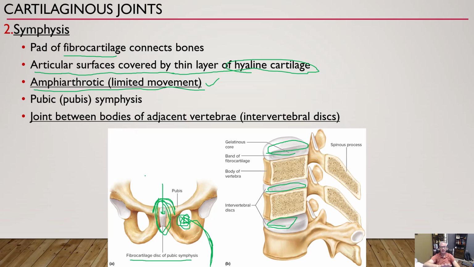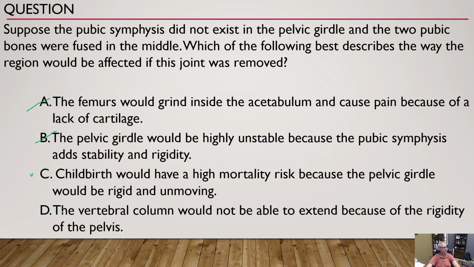It actually kind of tilts the pelvis a little bit so that the baby's head can pass through the pelvic girdle more easily. So that's a viable answer. The vertebral column would not be able to extend because of the rigidity of the pelvis.